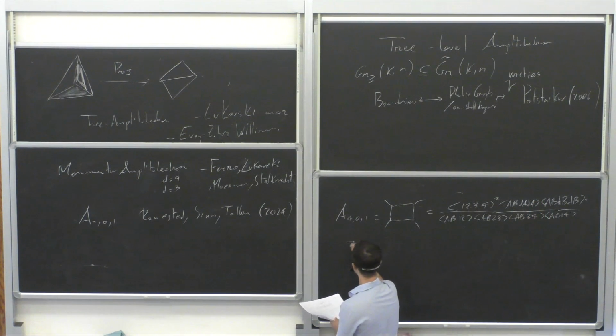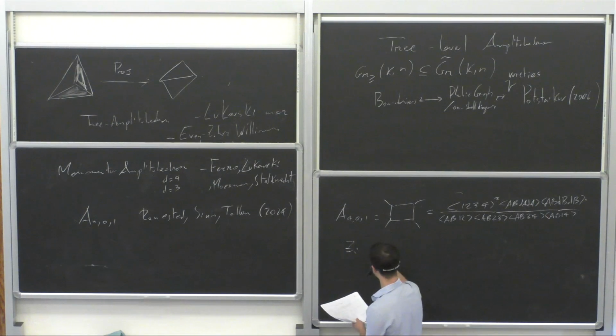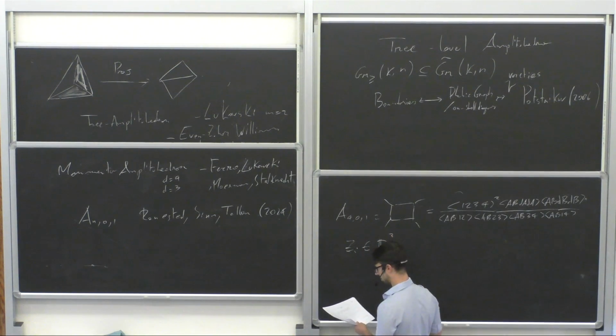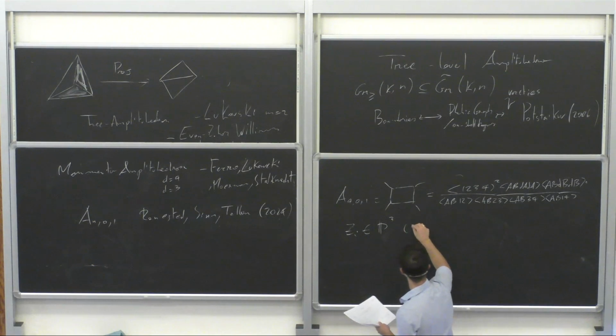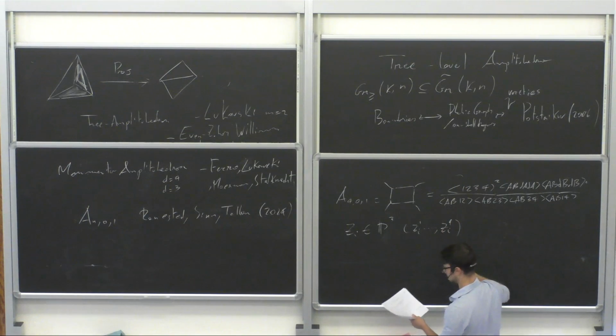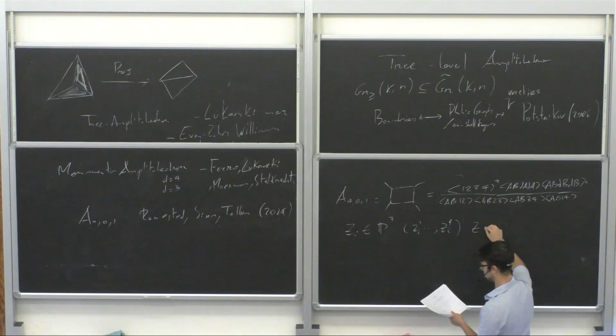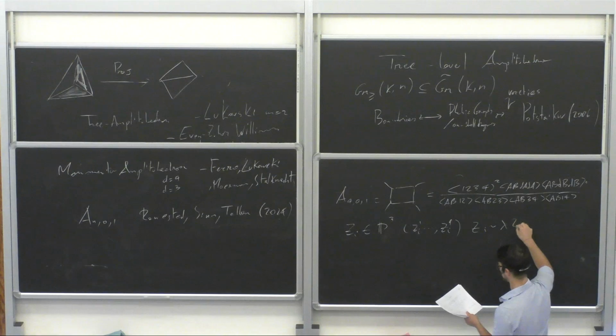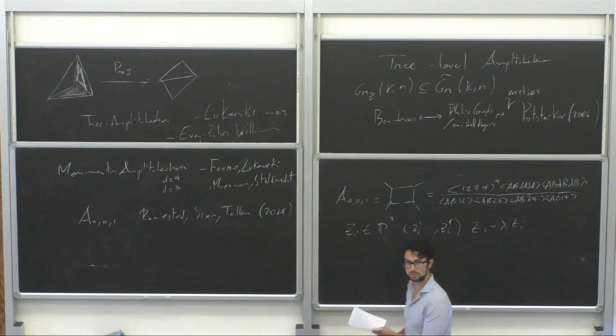The objects that we have here are momentum twistors, which are points in P3. So they look like Z_I = (Z_I1, ..., Z_I4), modded by GL1. So two momentum twistors are equivalent up to rescaling.